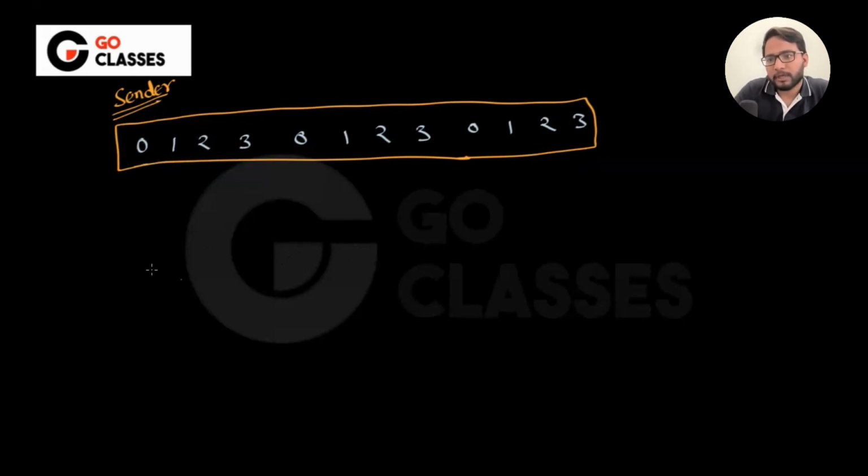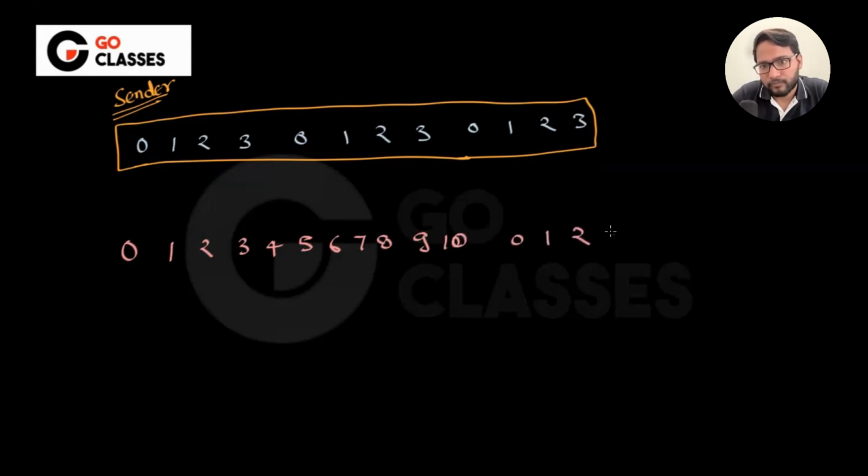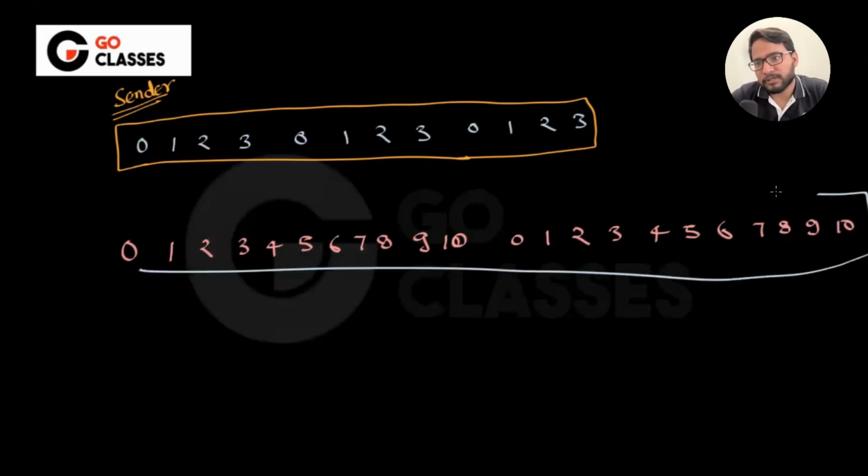Okay. See here. Suppose you have the sequence numbers like this, and keep on repeating. Can you send all of them at once?